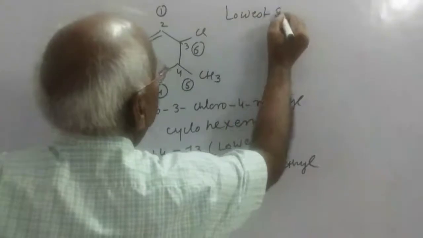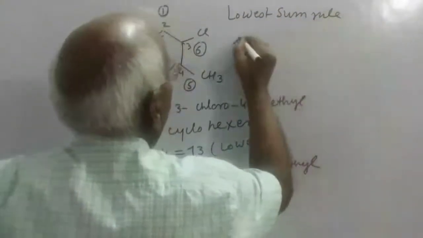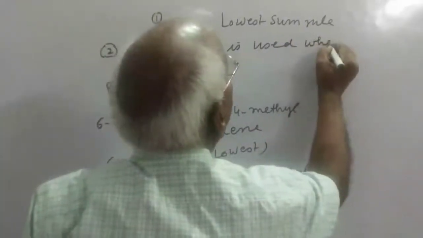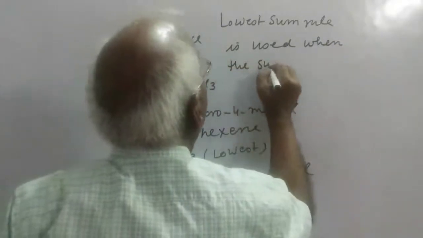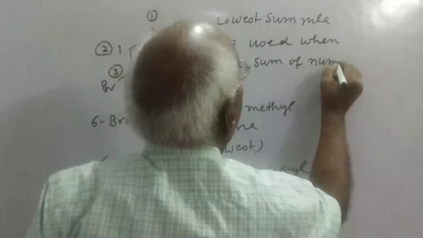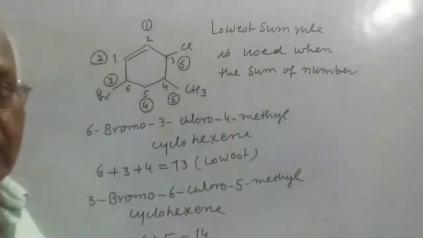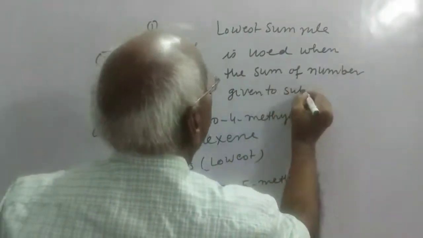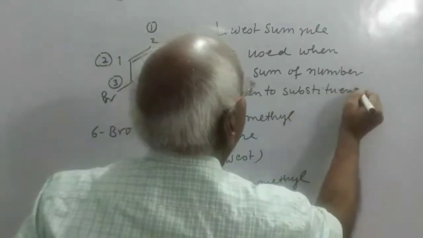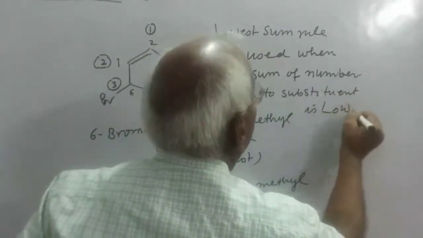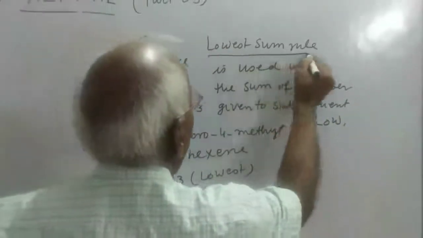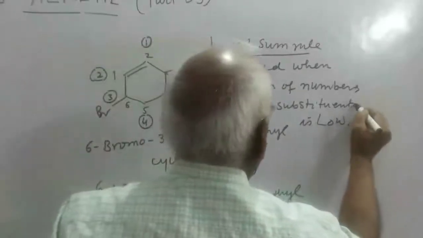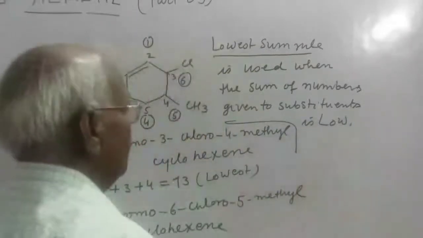The lowest sum rule is used when the sum of numbers given to substituents is low or lowest.